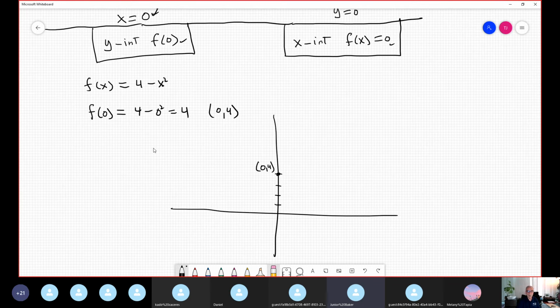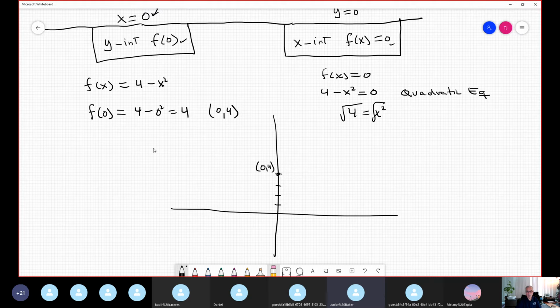Let's do the x-intercept now. The x-intercept is different. It's f of x equal to 0. Who is f of x? Well, f of x is 4 minus x squared equal to 0. And in this moment, you have one quadratic equation. We solve using the square root because it's easier in this method, since b is missing. Move x squared to the right-hand side and apply the square root to both sides.